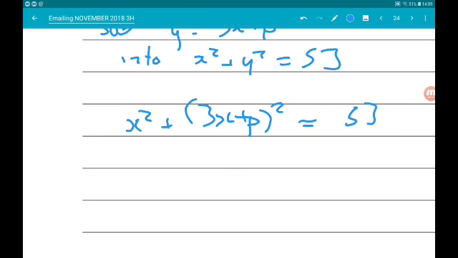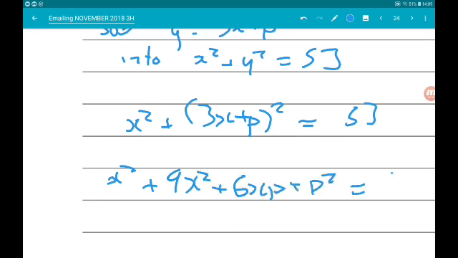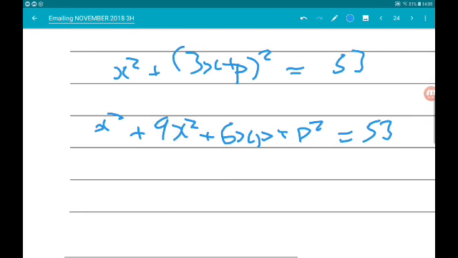So if we expand those brackets, we get the x squared. Now make sure that you can get 9x squared add 6xp add p squared is 53. Now this is a quadratic, so as with any quadratic that you're going to solve, you want to get everything on the same side.